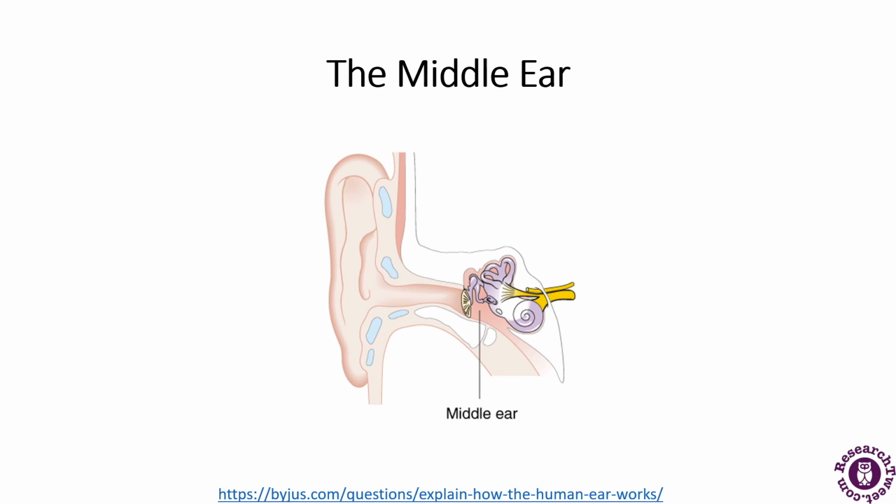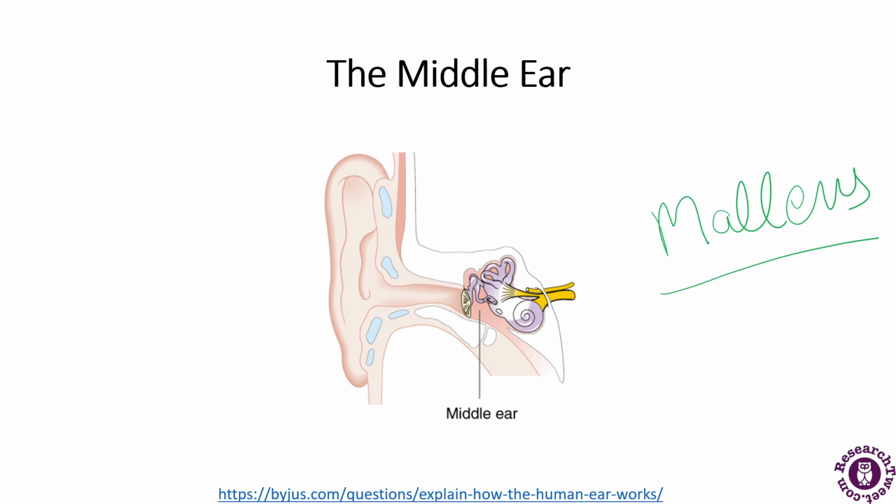Now we will be discussing the middle ear. The middle ear is the part of the ear between the eardrum and the oval window. The sound from the outer ear to the inner ear is transmitted through the middle ear. Previously I was discussing the malleus or hammer, the incus or anvil, and the stapes.